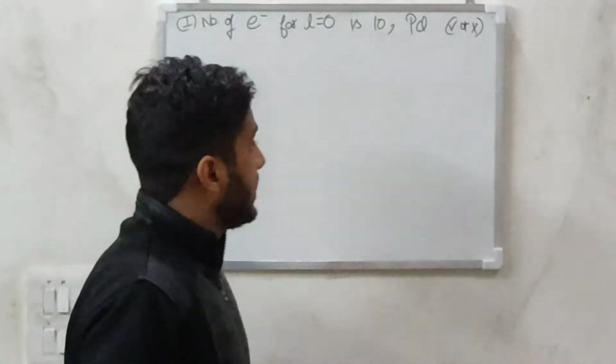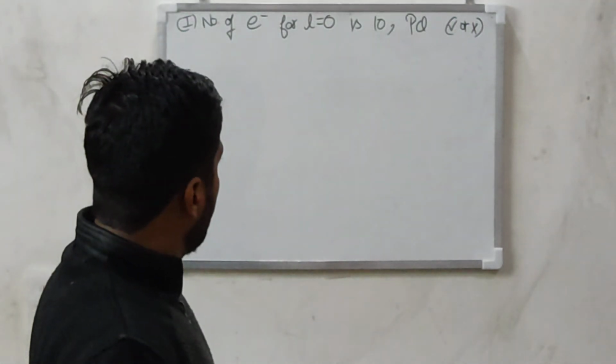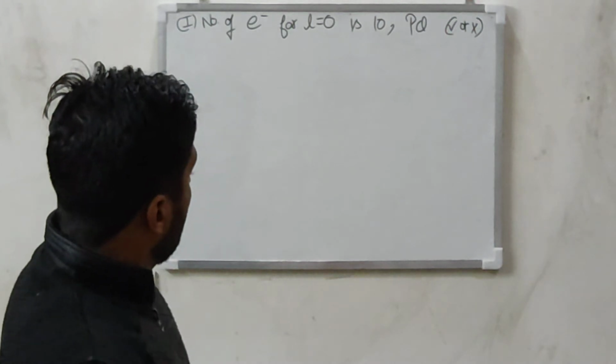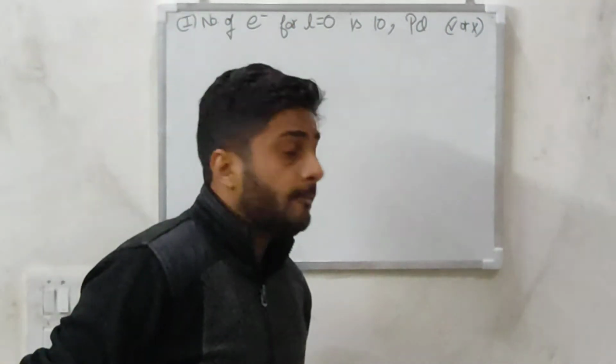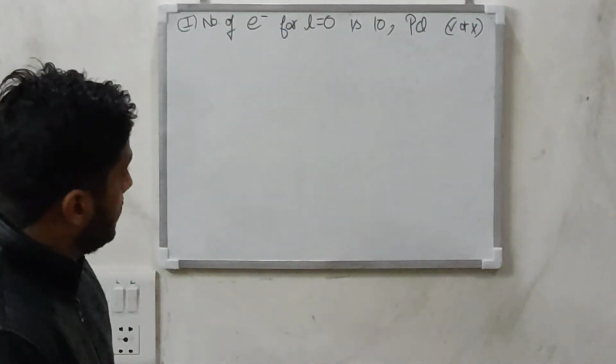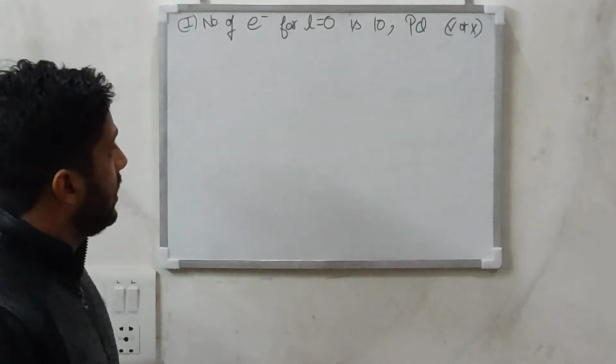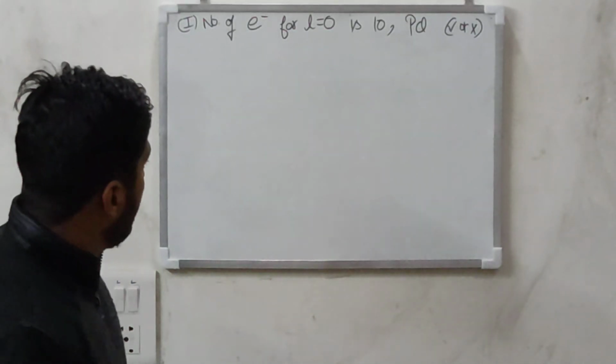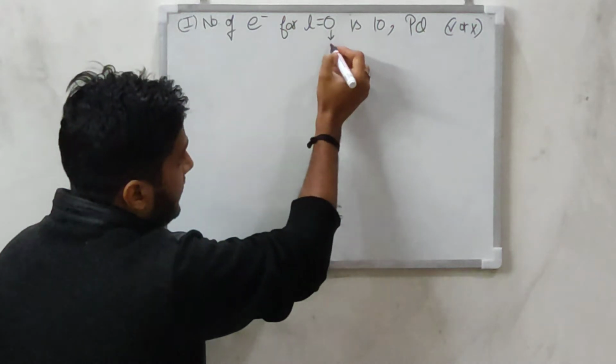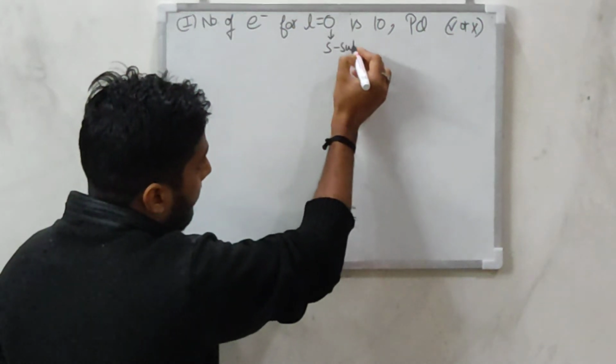For this we have to check, if L is equal to 0, then, as I already mentioned in the previous question, L equal to 0 represents the s subshell.